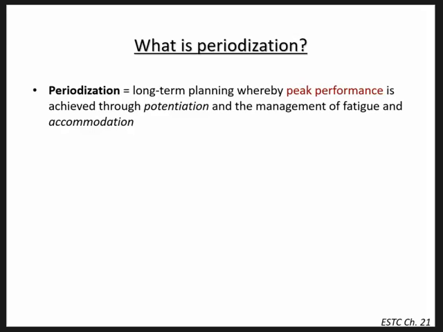It's building an endurance base, preparing the body for higher intensity work later on. Accommodation, we know, is when performance will stagnate when the same training load is used over and over again. So we want to avoid accommodation by making quantitative and qualitative changes to the program.